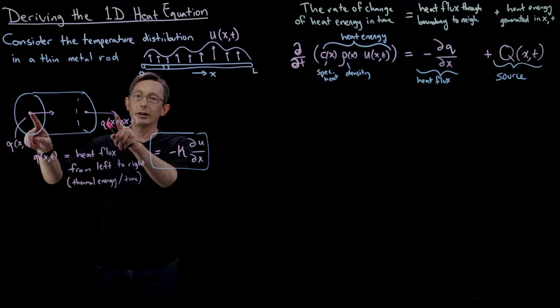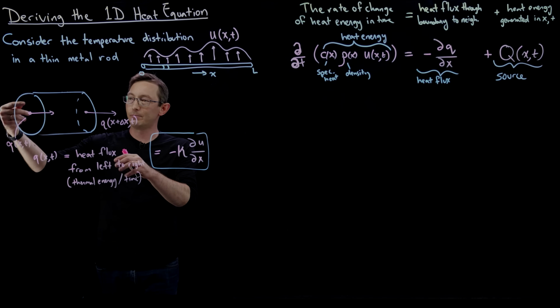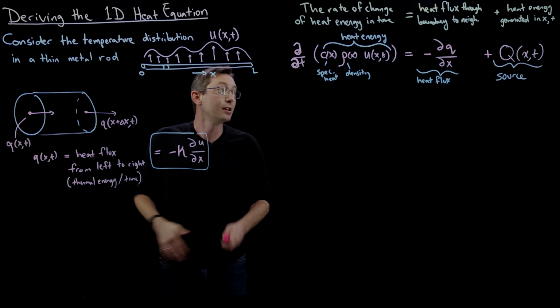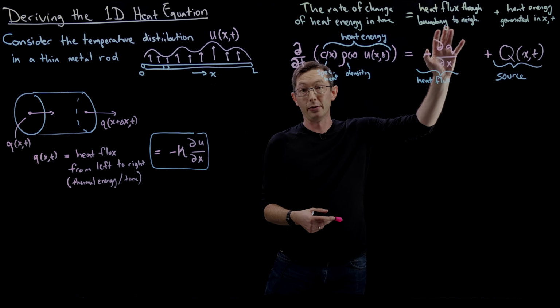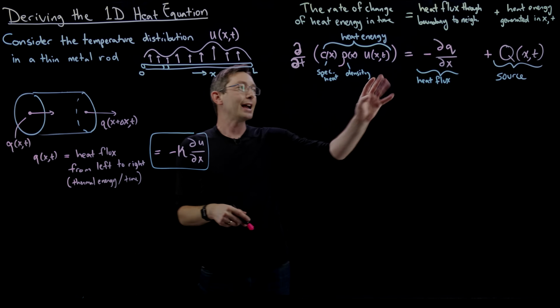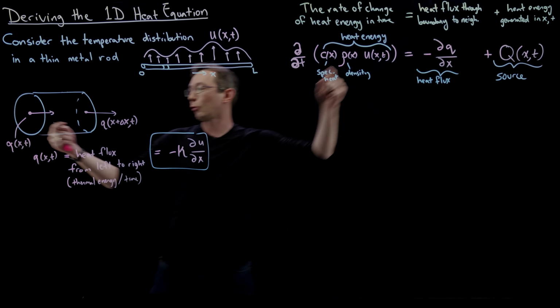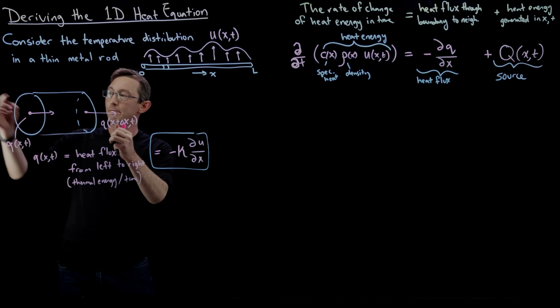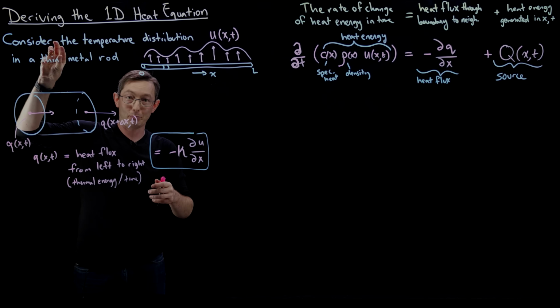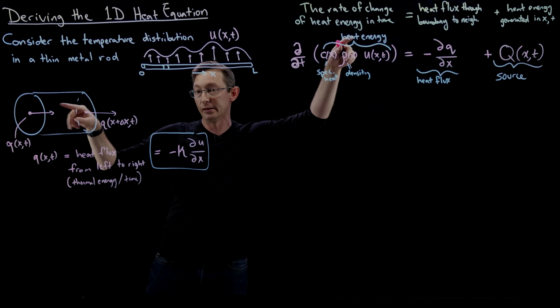And so if these two are equal to each other, if the amount of heat flux in is equal to the heat flux out, then this term is 0. There's no rate of change of heat energy in this little volume. And that tells you why, now if there is a gradient in this heat flux, if I have more heat flux coming in than going out, then this should be a net positive rate of change of heat energy in this volume.